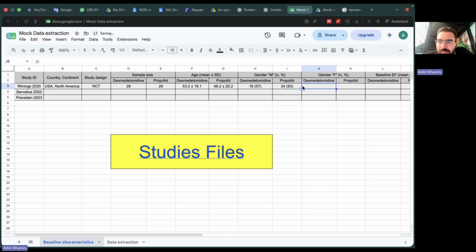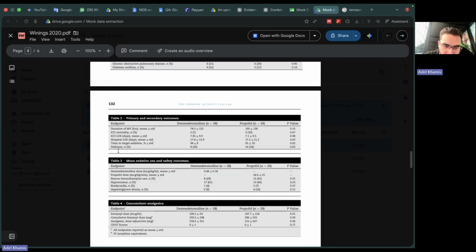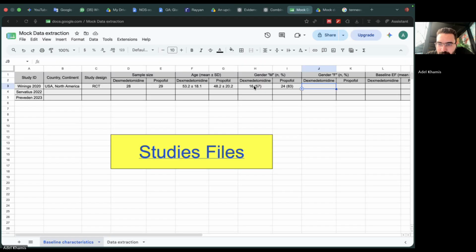And actually, if you look here, there is no data for female, but you have the data for male. So you will just do simple math. 28 minus 16, 12, I mean. So you'll put here 12, and it is 43% here.